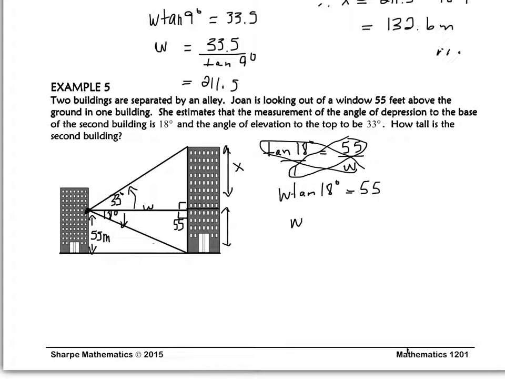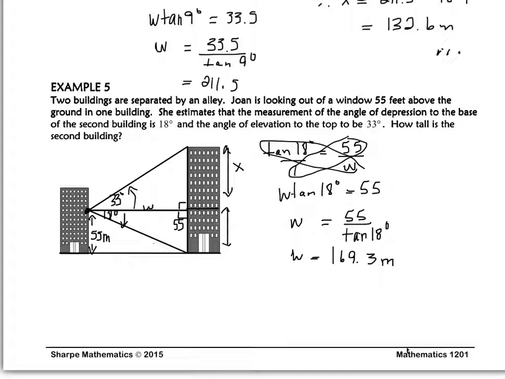And to get W by itself, I need to divide both sides by tan 18, so it disappears on the left side and shows up on the right side when I divide it out of both sides. And that gives me 55 divided by tan 18 gives me 169 point, it's 0.2725 on the calculator, so I'm going to round it off to 0.3, and that would be meters.